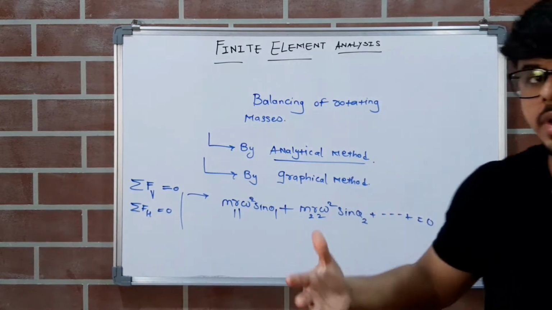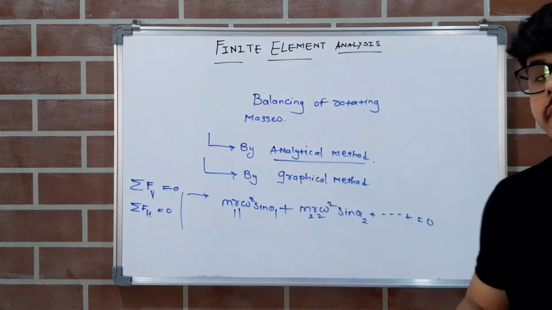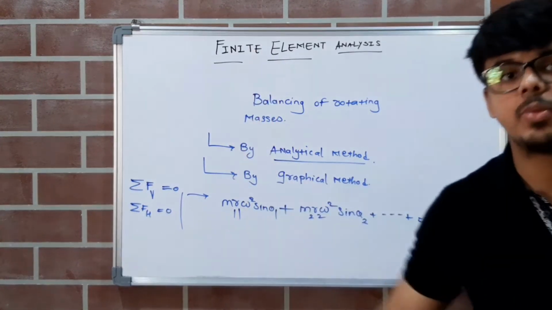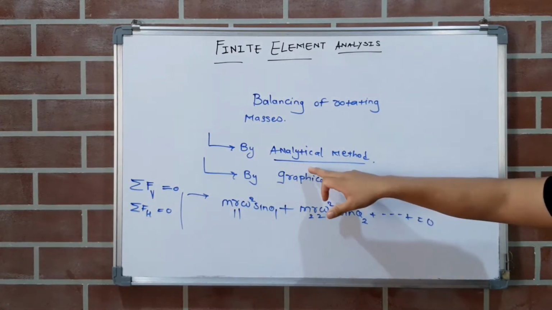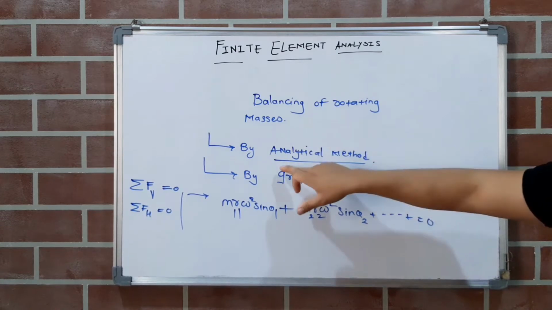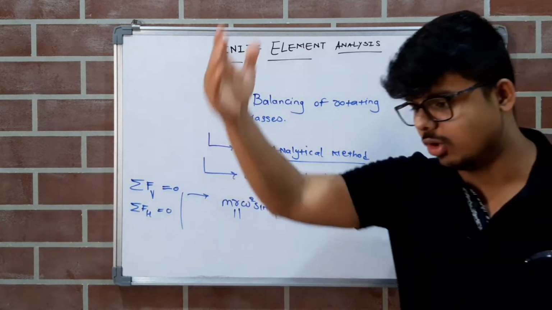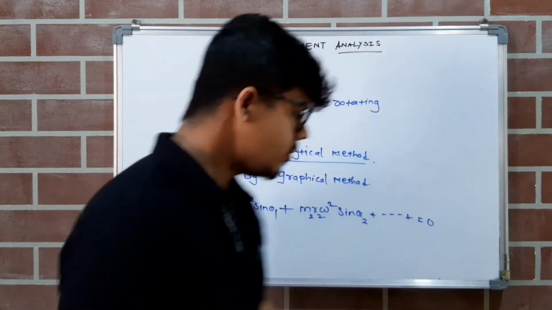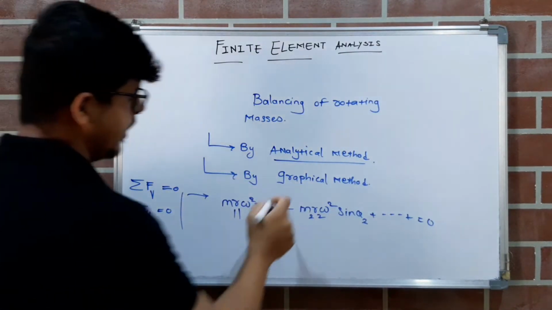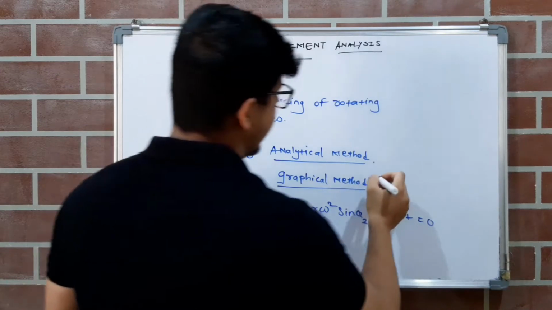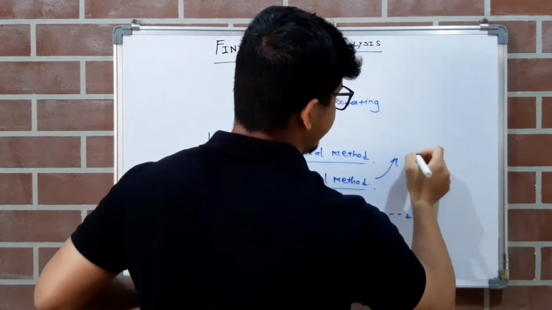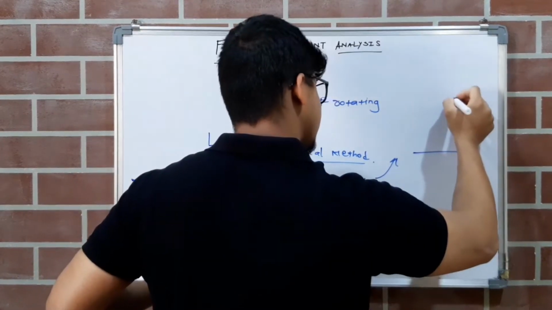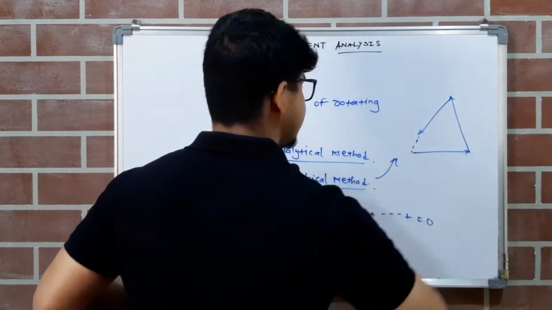But the problem with the analytical method is that we have to follow a lengthy procedure. If you are solving the balancing of rotating masses by the analytical method, then we have to follow a long, complex procedure. Now what are we doing in the graphical method? In the graphical method we are just drawing a force polygon like this and joining the remaining portion.